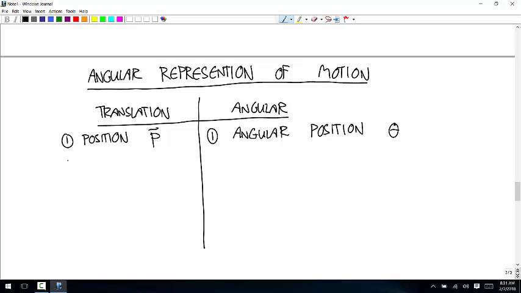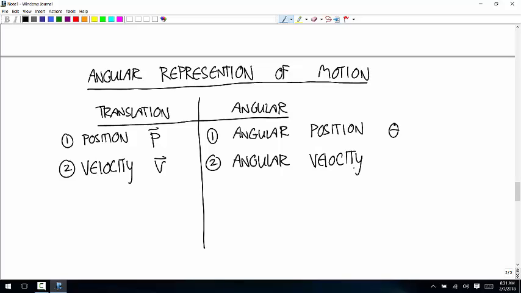The second one, translational is velocity, the v vector. For angular, what do you think the angular equivalent of velocity is? It all follows a pretty easy pattern. Angular velocity, very good. And we'll call that lowercase omega.